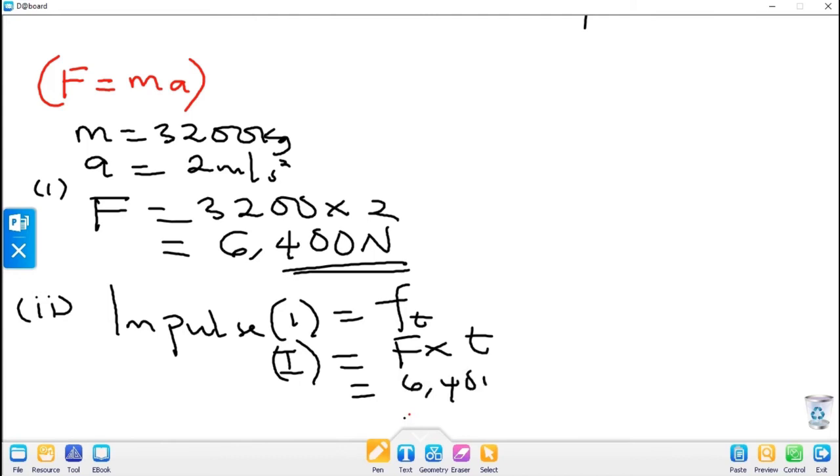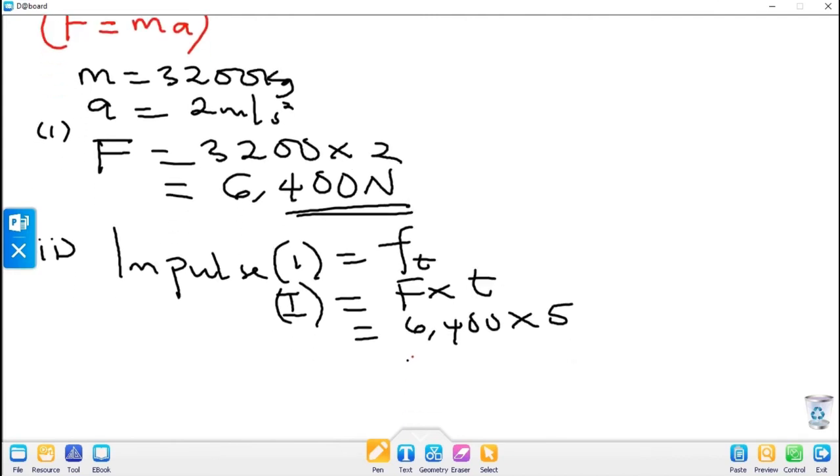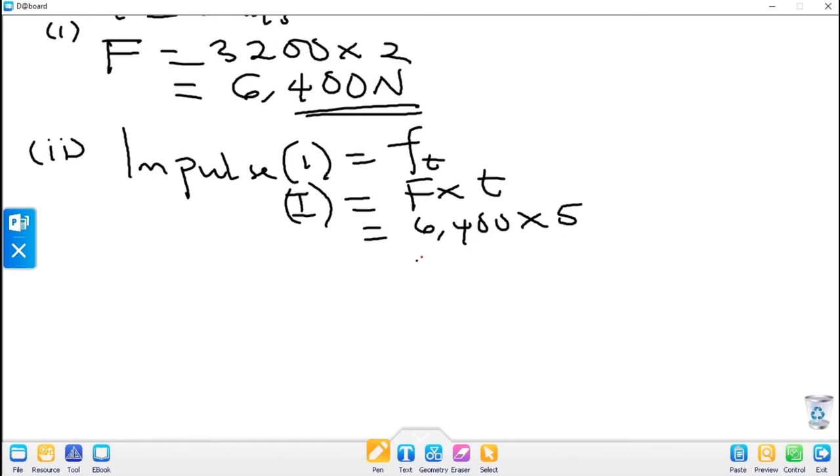Force is 6,400 multiplied by time, which is 5 seconds. If you do that, you're going to have our impulse I to be equal to 32,000. And we say the unit of impulse is Newton seconds. That is because we multiply time by force.